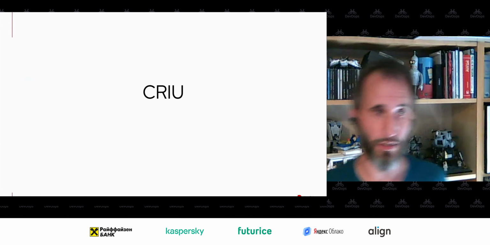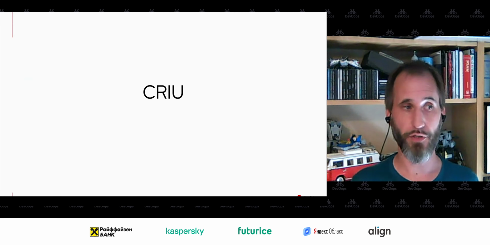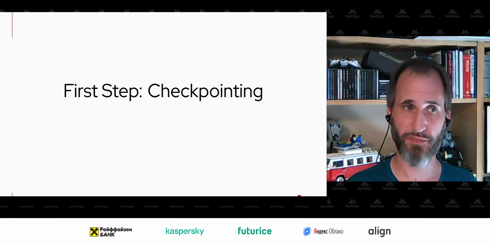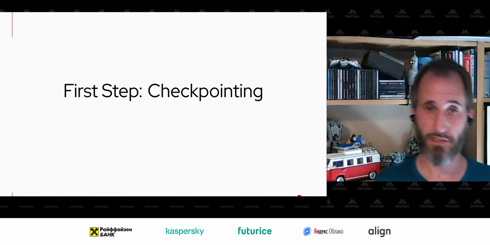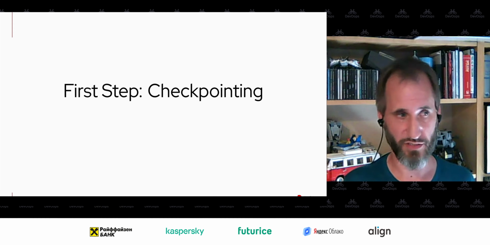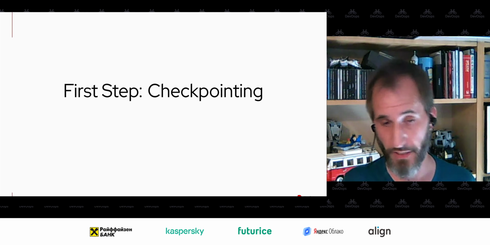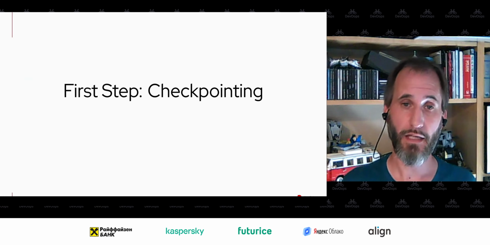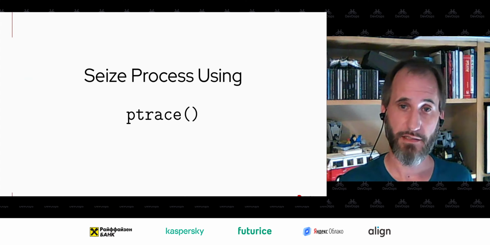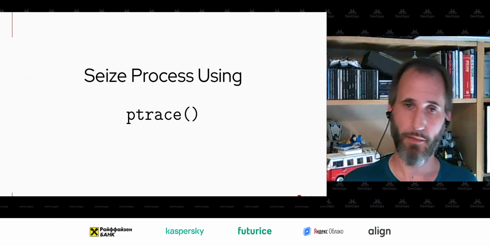Now some details about CRIU, how it enables you to checkpoint and restore processes and containers at the same time. CRIU stands for Checkpoint Restore in User Space. The first step, if you want to migrate a process or a container, which is just a tree of multiple processes in the end, is, of course, checkpointing. And CRIU does this using ptrace.